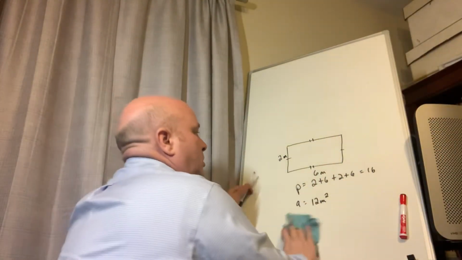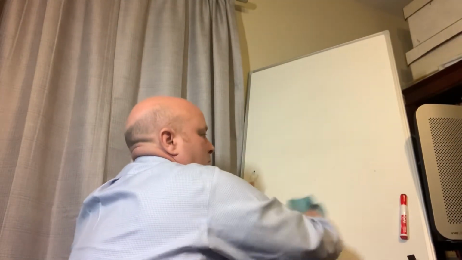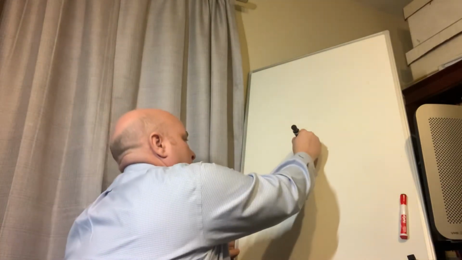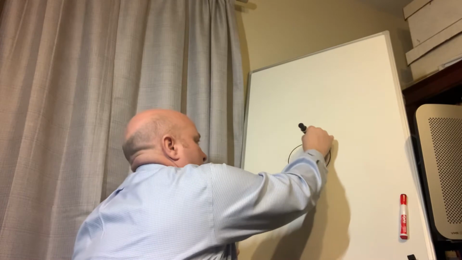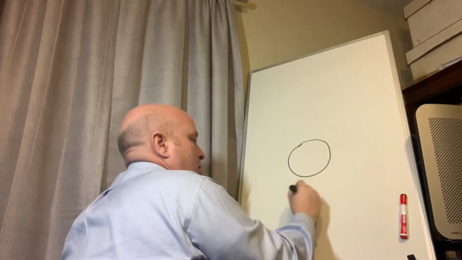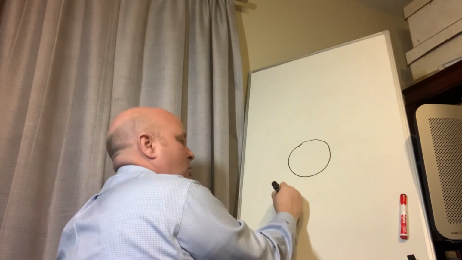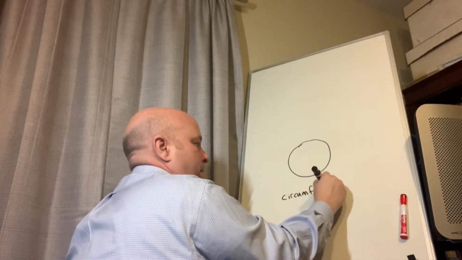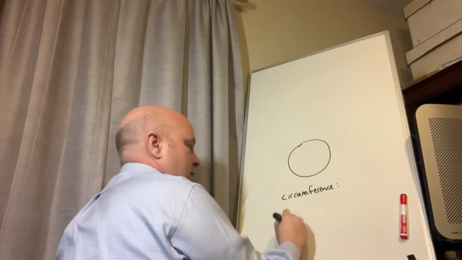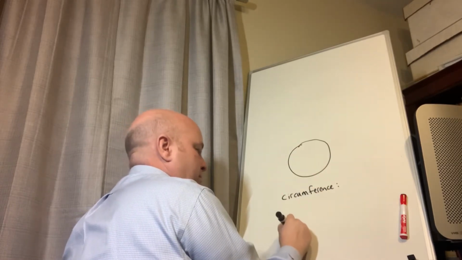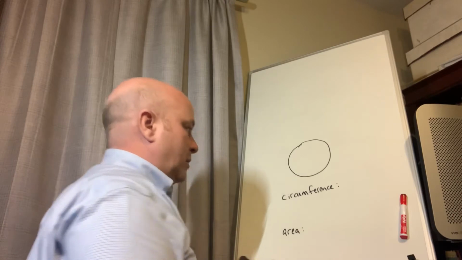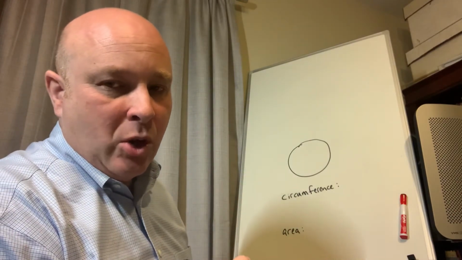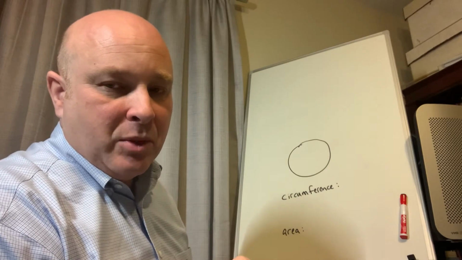All right, a circle, so that'll be fun trying to draw a circle. The path around the outside is called the circumference. And the area on the inside. In order to find the circumference, you must know the radius.